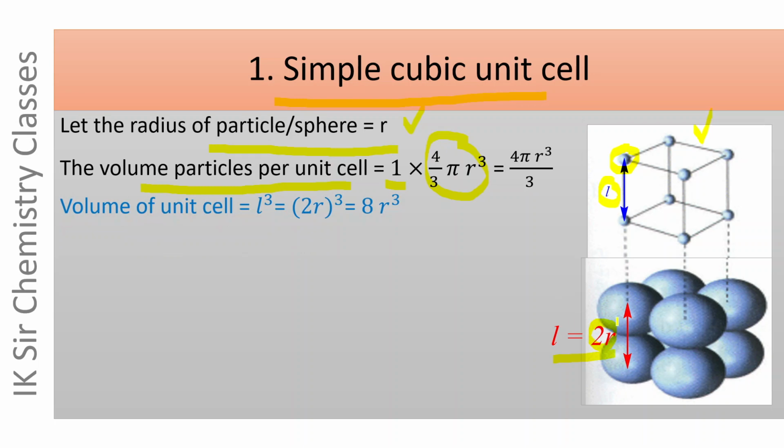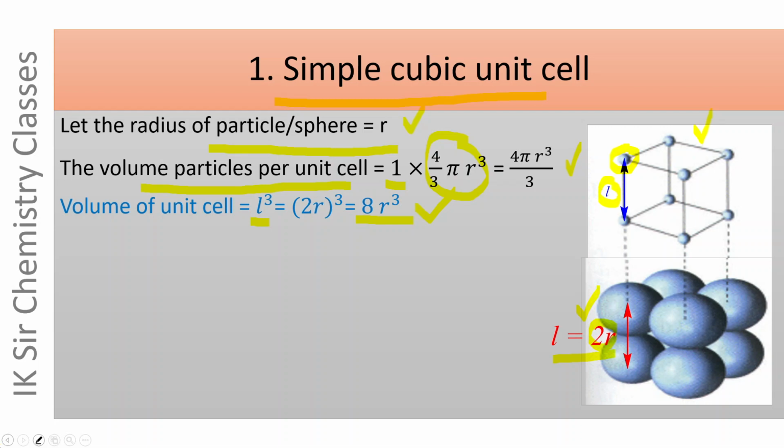Volume of unit cell, cubic unit cell, will be L cube, and L is equal to 2r, so it is 2r whole cube, and it is nothing but 8r cube. It is the volume of unit cell, and the other is the volume of particles per unit cell.